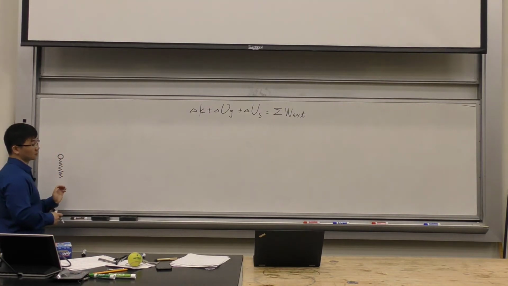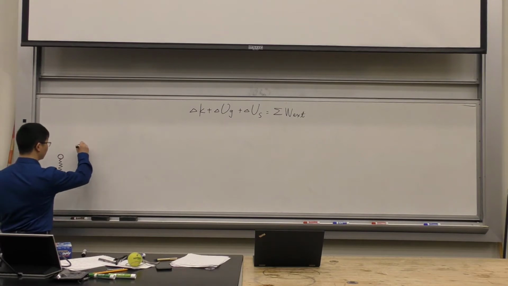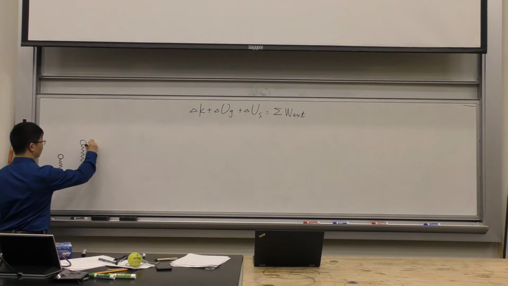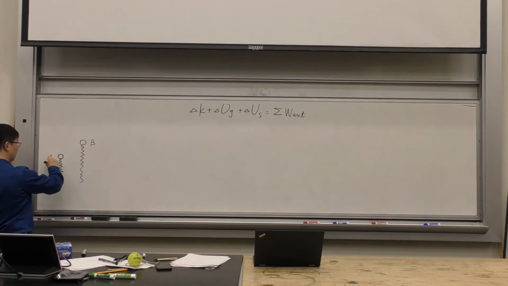When it's released, it's just going to go back to its original length, right? So it's going to push this ball up. Okay, it's going to go back to its original length. So this is point B, the problem set. That's the original length. This is point A, and this distance we call it's 17 centimeters.